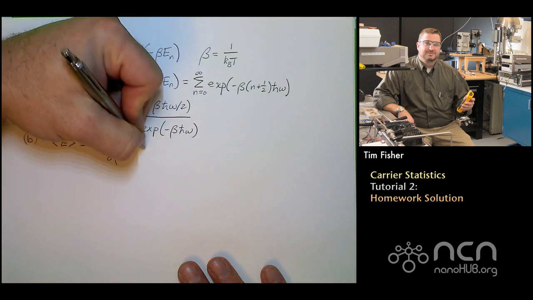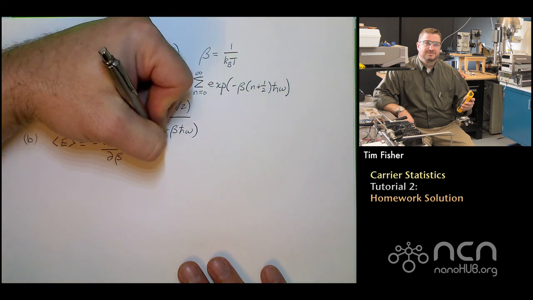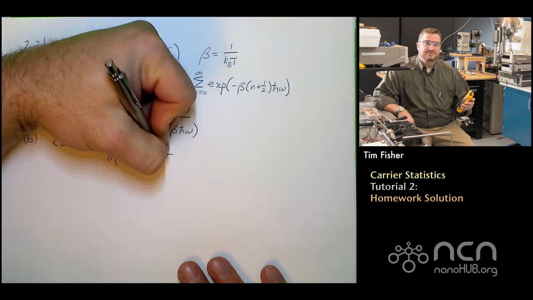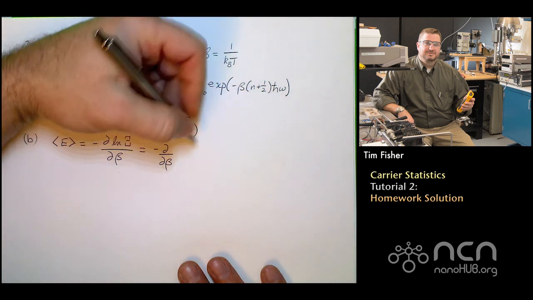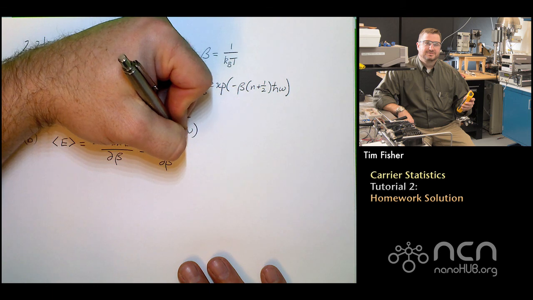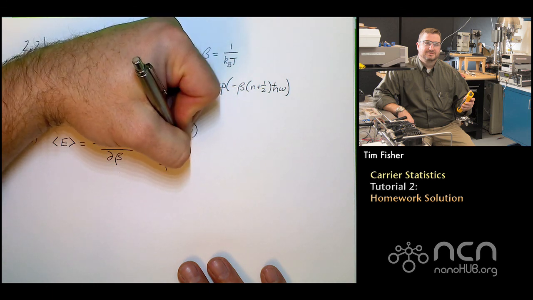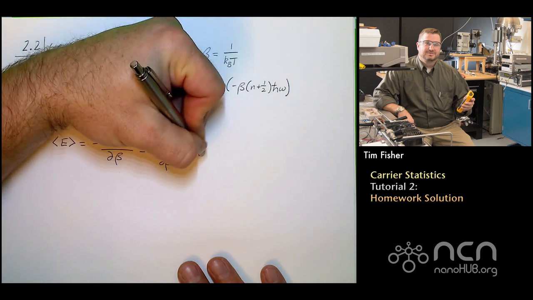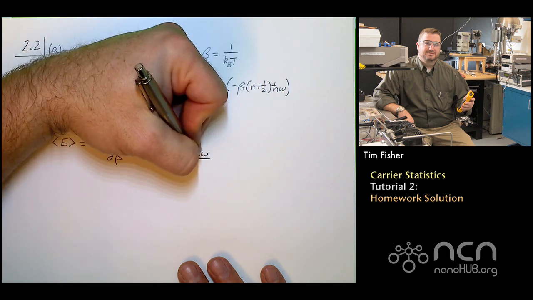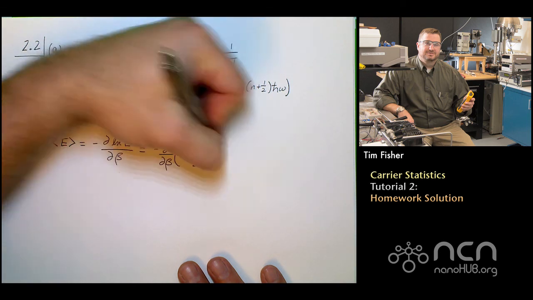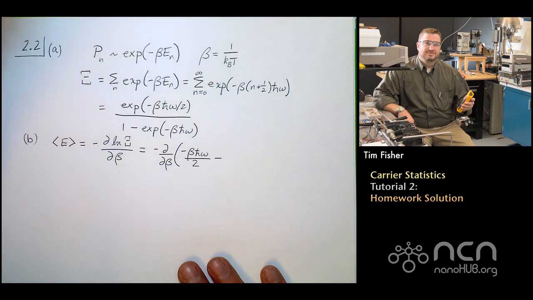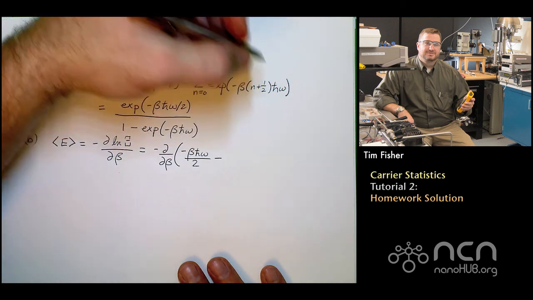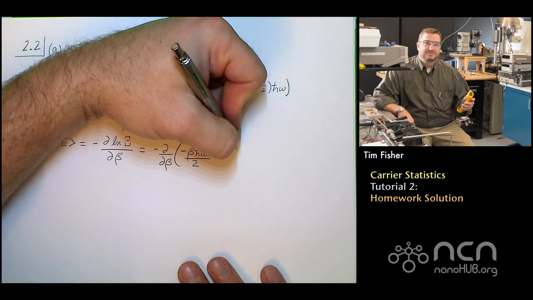And so we'll just expand this out a bit. We do the substitutions, and this is the first term minus beta h bar omega over 2, and then we have a logarithmic term that comes from differentiating the denominator of the partition function.